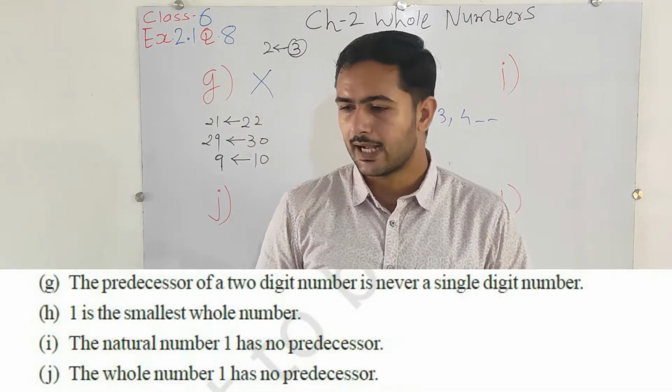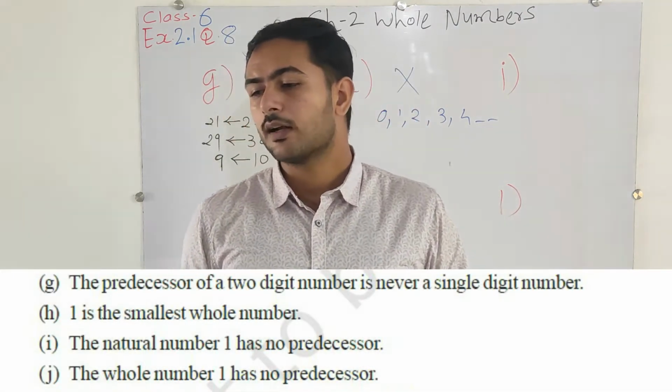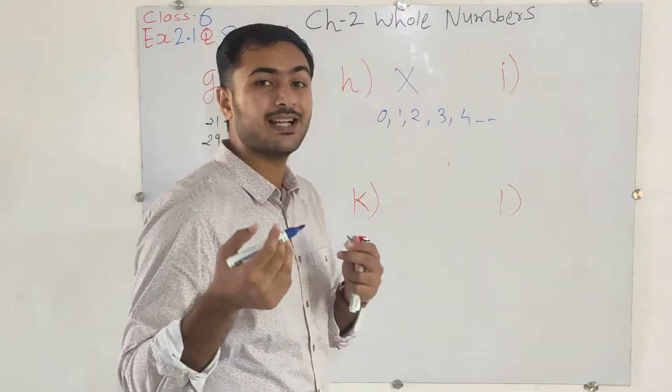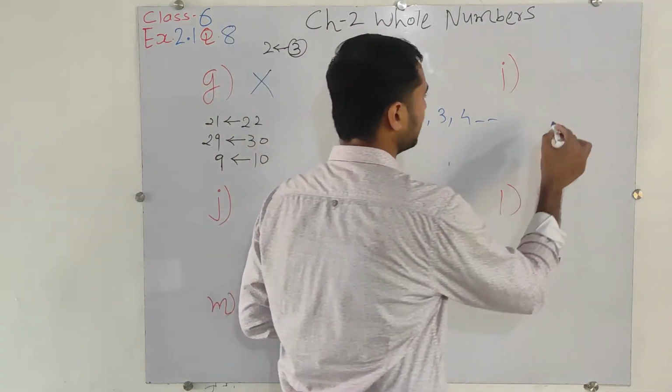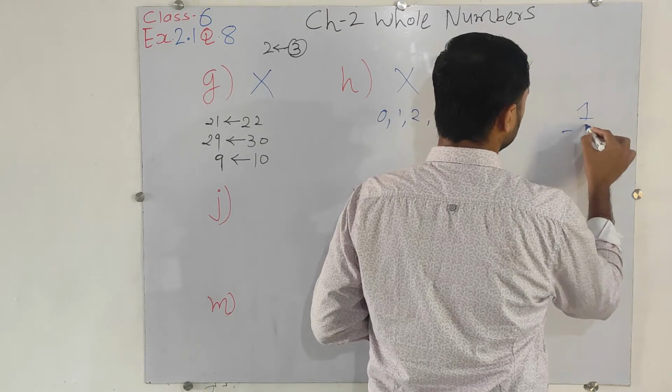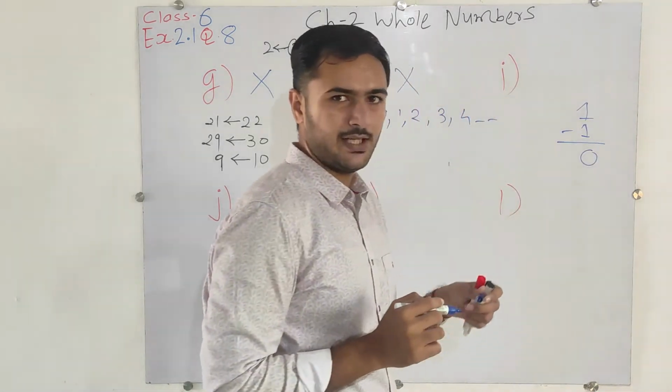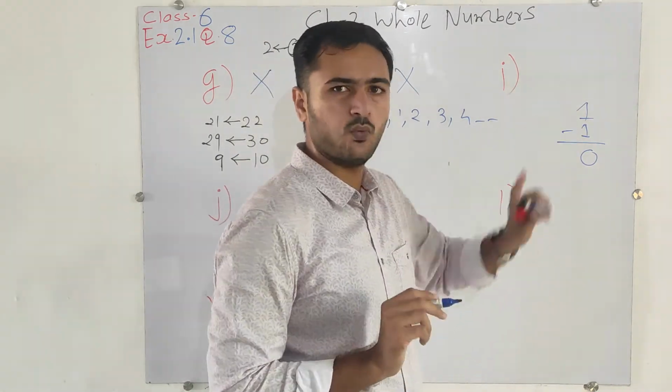Now the next, that is I: the natural number 1 has no predecessor. First of all, let's find the predecessor of 1. Predecessor of 1 means 1 minus 1, that is 0. So we can say that 0 is the predecessor of 1.